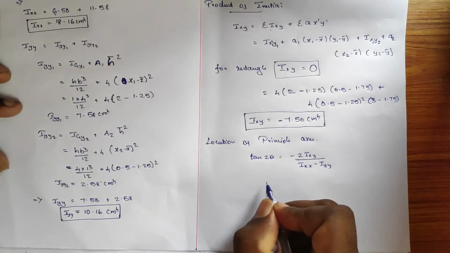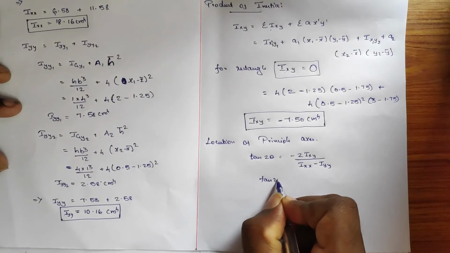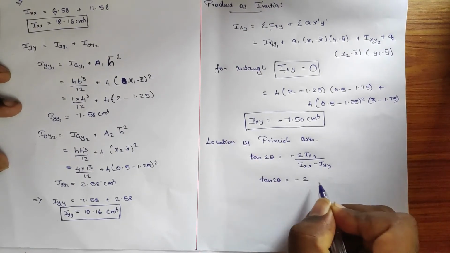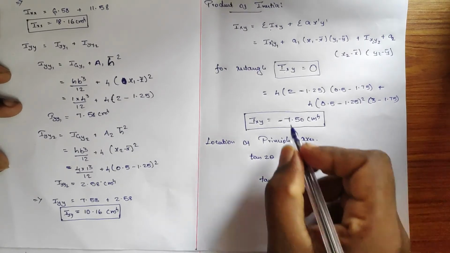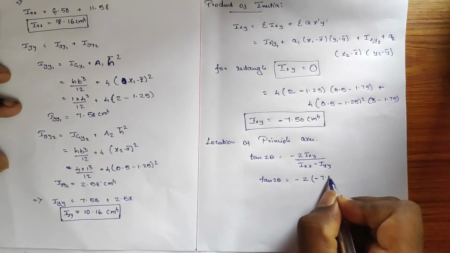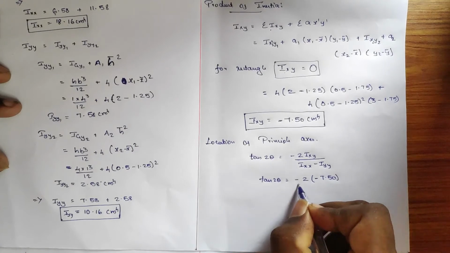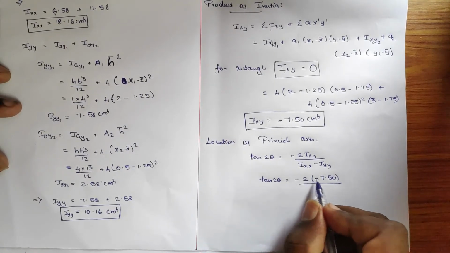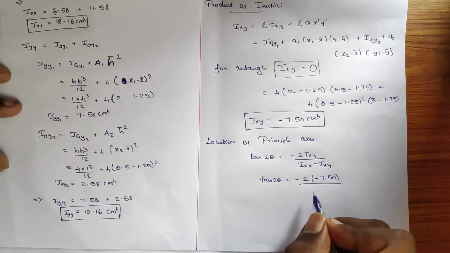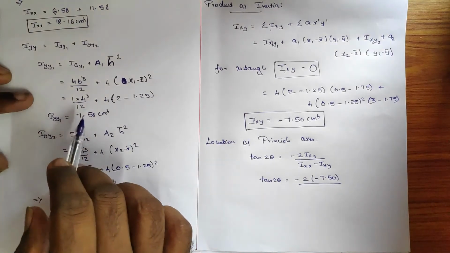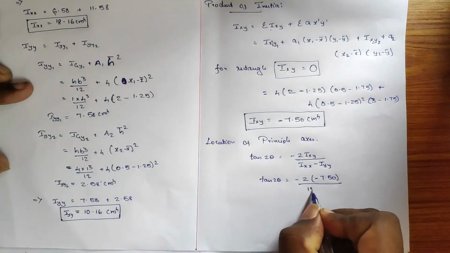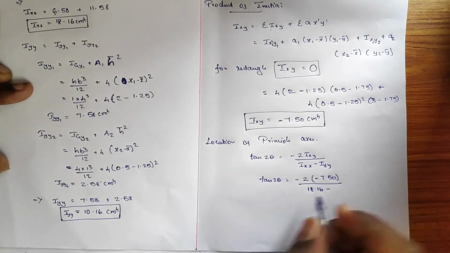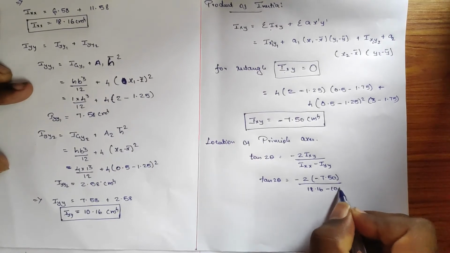So just substitute: tan 2 theta is equal to minus 2 into Ixy, so here minus 7.50. The minus and minus will become positive, so here it will be a positive term. Then Ixx value we have found as 18.16 minus Iyy 10.16.